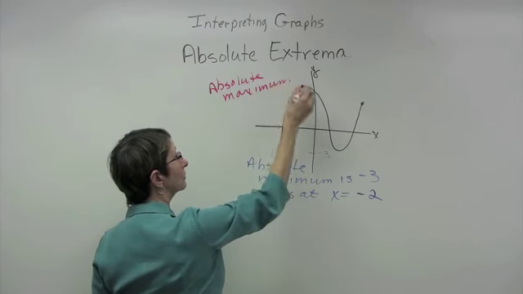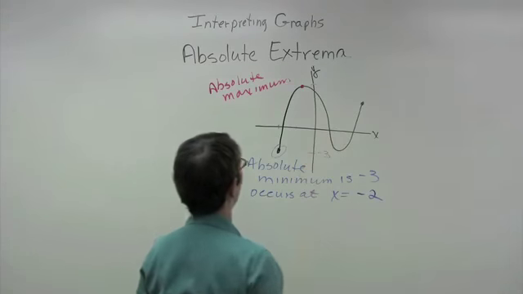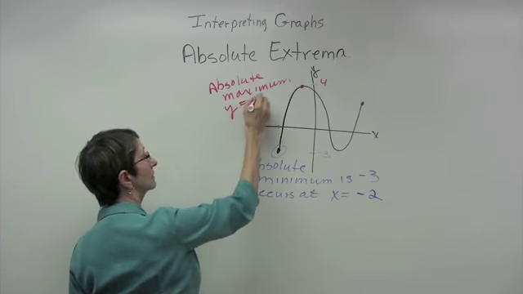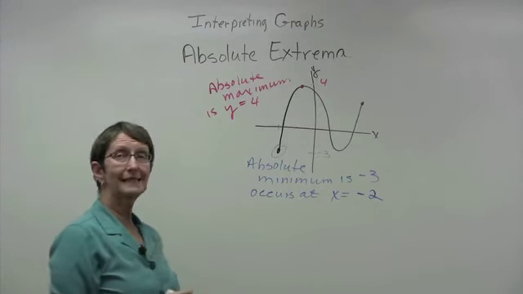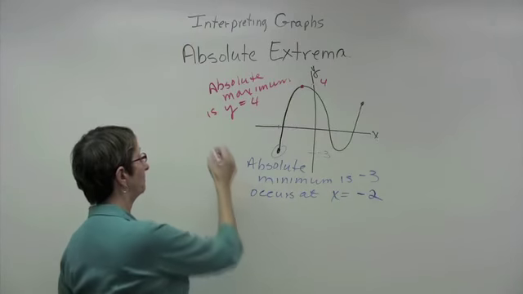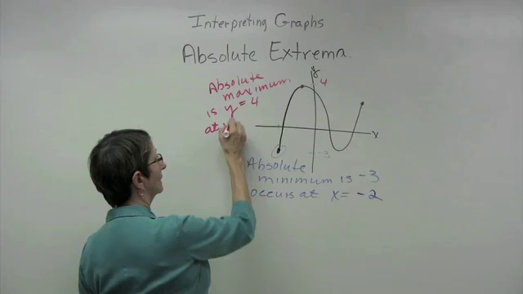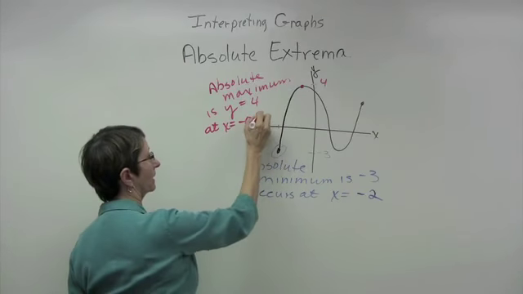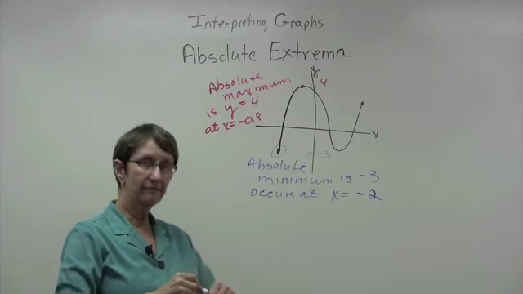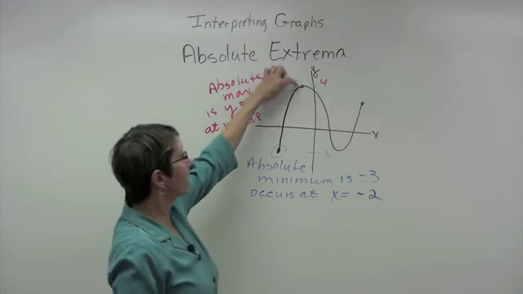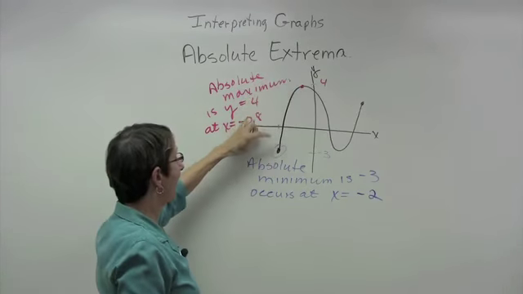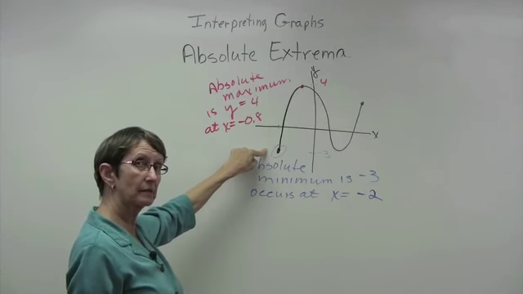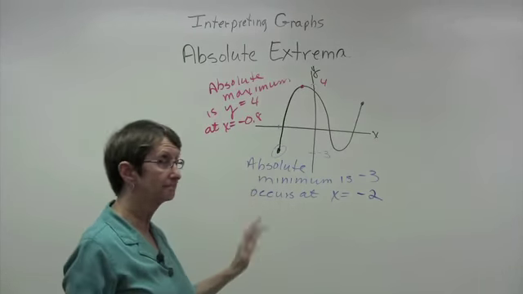And my value would be, how does that compare? 4? The absolute maximum is y equal to 4 at x equal to -0.8. So I have an absolute maximum point. I have an absolute minimum point. This also happens to be an end point. That's fine.